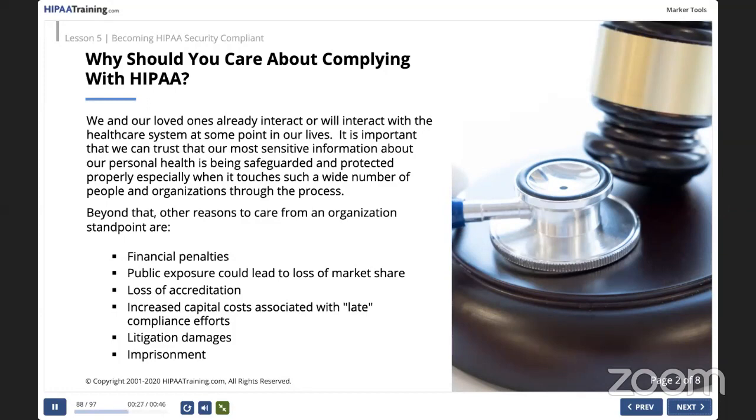Beyond that, other reasons to care from an organization standpoint are financial penalties. Public exposure could lead to loss of market share, loss of accreditation, increased capital costs associated with late compliance efforts, litigation damages, imprisonment.